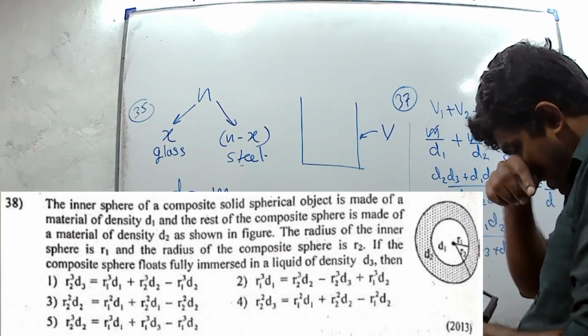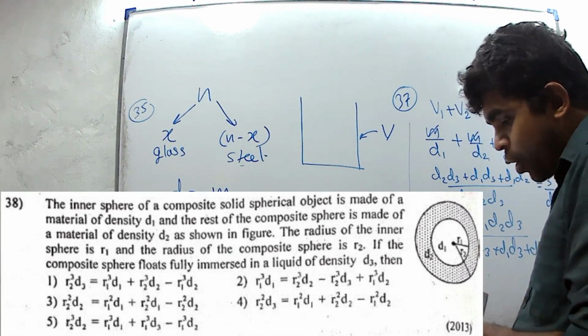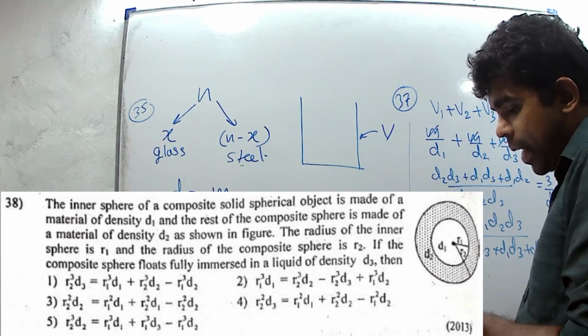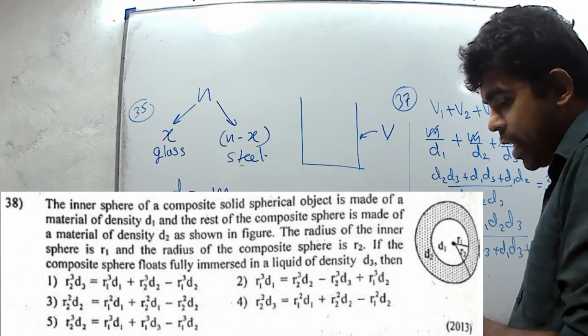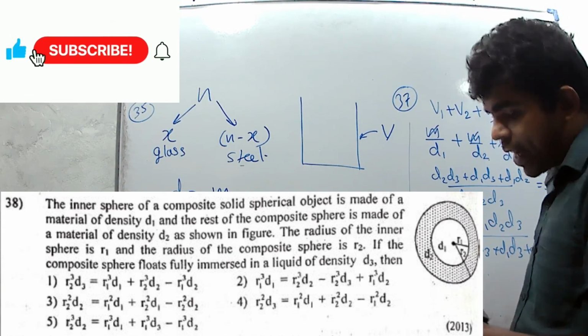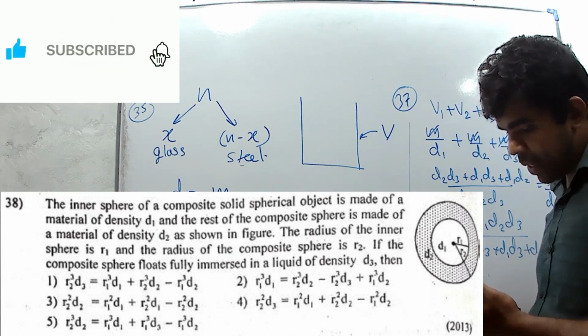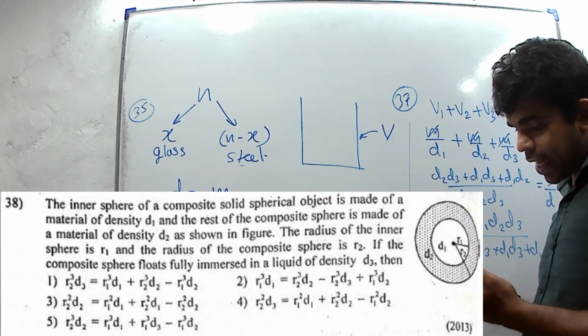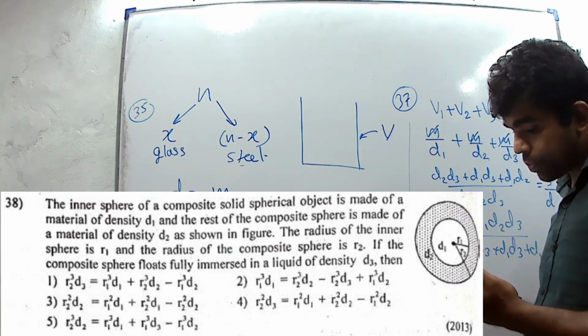The inner sphere of a composite solid sphere object is made of a material of density d1 and the rest of the composite sphere is made of a material of density d2, as shown in the figure. The radius of the inner sphere is r1 and the radius of the composite sphere is r2.